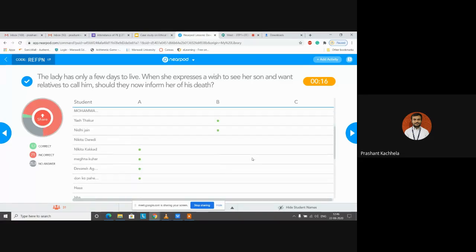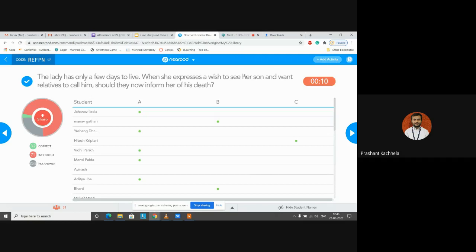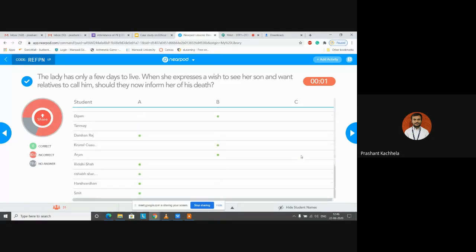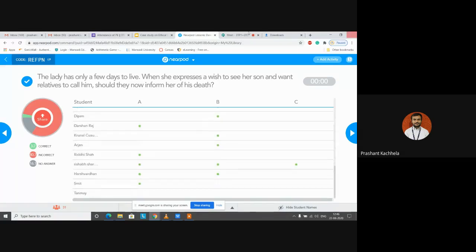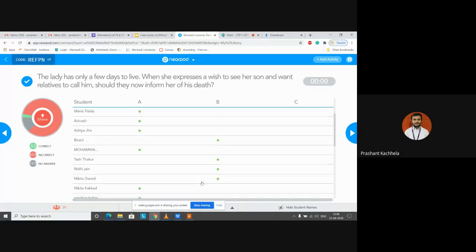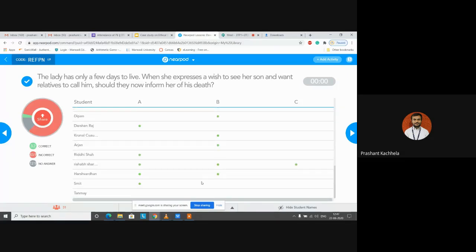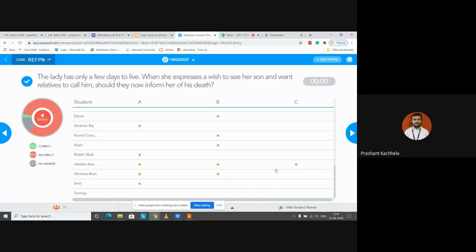If you haven't marked, you can definitely mark. Still, you have time. Last 10 seconds now. Okay, now the time is over. There is no majority. Actually, option A, option B and option C are selected by an equal number of people, and there is only one person who would mark all three, I guess.